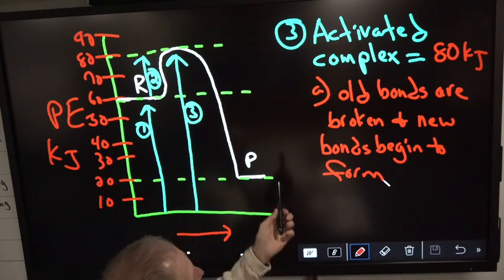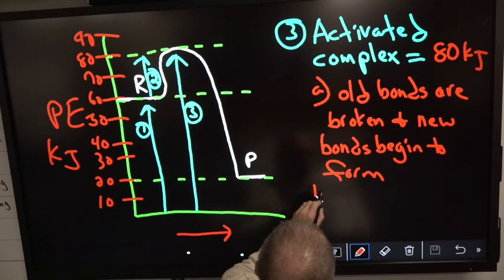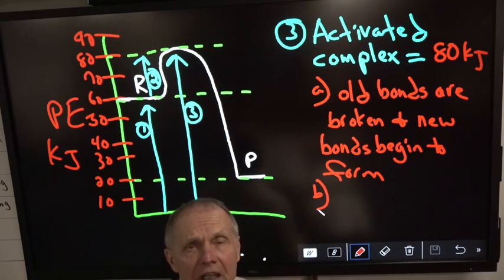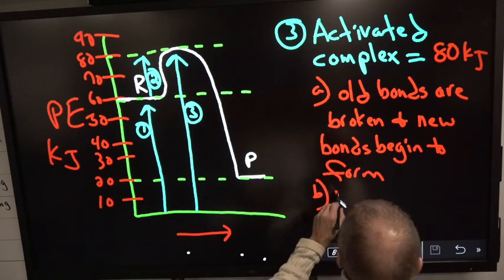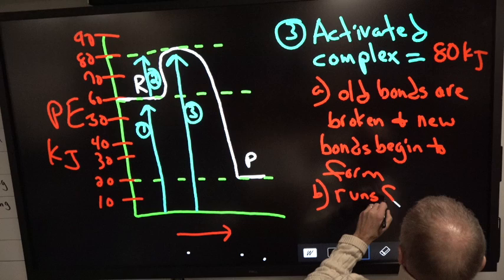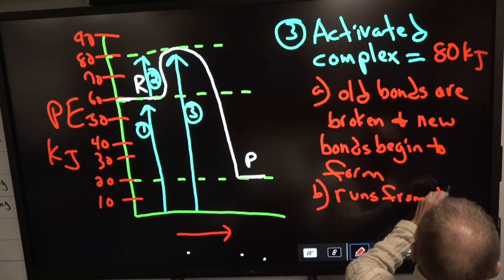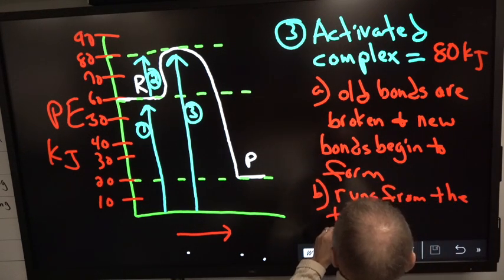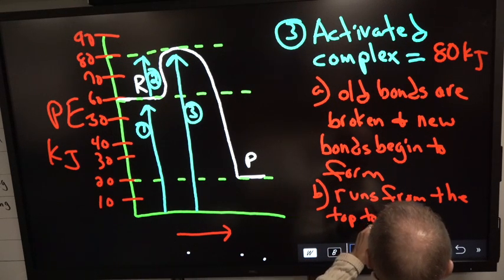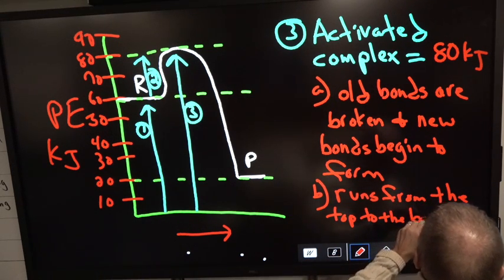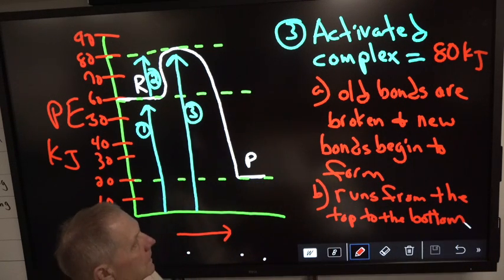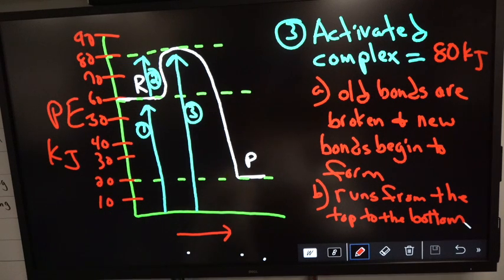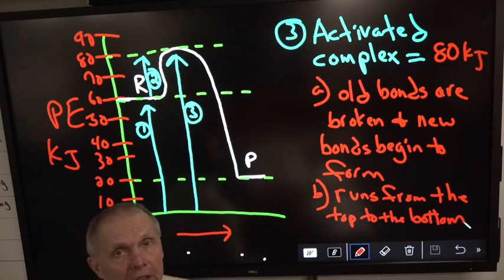Okay? And the other thing about activated complex, very easy to pick out that line segment because it runs from the top to the bottom. Okay, that is line segment number 3.